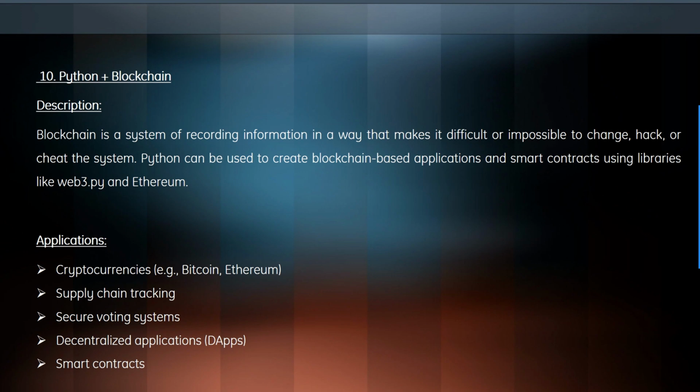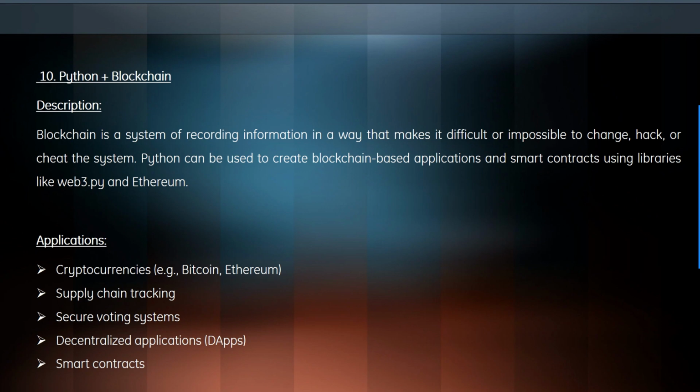Moving on, we have Python plus blockchain. Blockchain is a system of recording information in a way that makes it difficult or impossible to change or hack or cheat the system. So any kind of system which is formed like this will be a blockchain, because no one can hack or change or cheat the system.